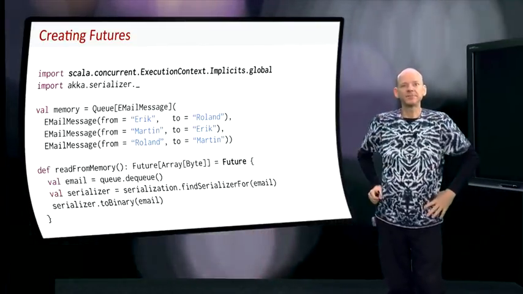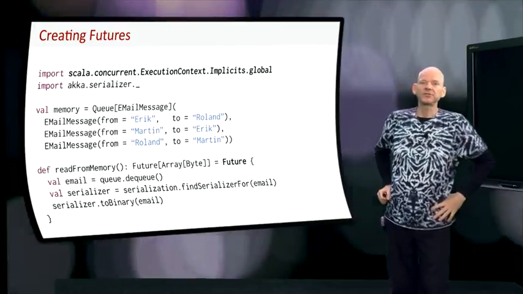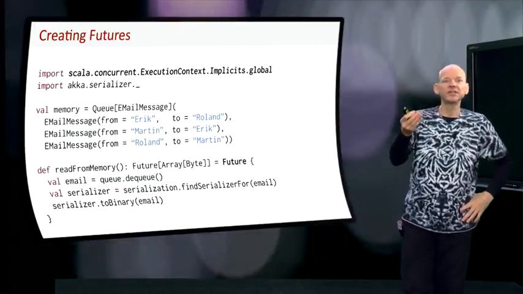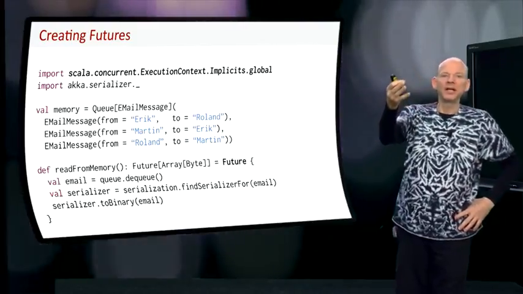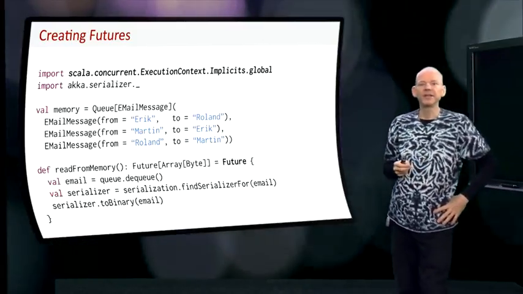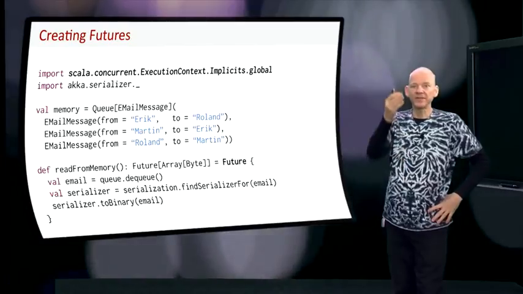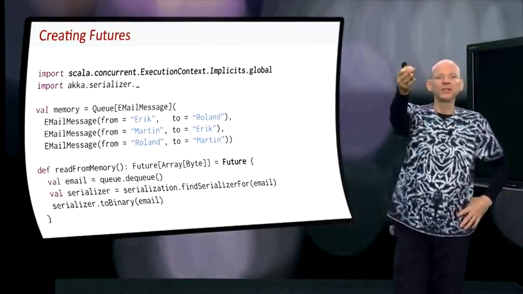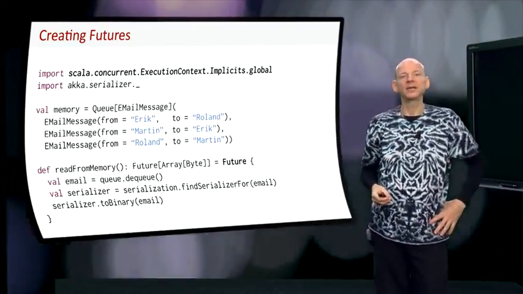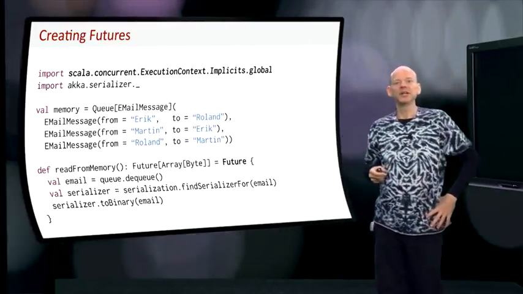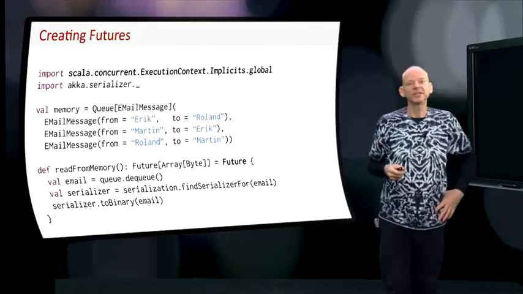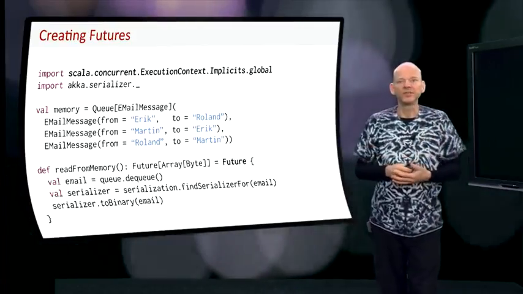We are creating 3 email messages, and then we're reading from memory, a Future of Array of Bytes, and this is defined as follows. We take the email from the queue, we serialize it, and then we return the binary message. So this is the readFromMemory.